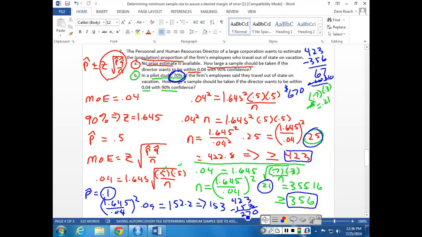So now you've taken 275. In fact, if you look at it, you've cut this by over half, almost 2/3. So instead of taking a sample of size 423, you only need one of 153 if you are pretty sure it's going to be around 0.1. And there are many cases when you know that.